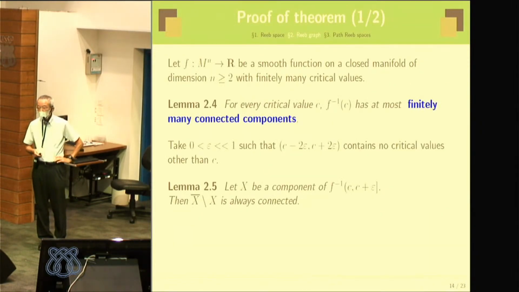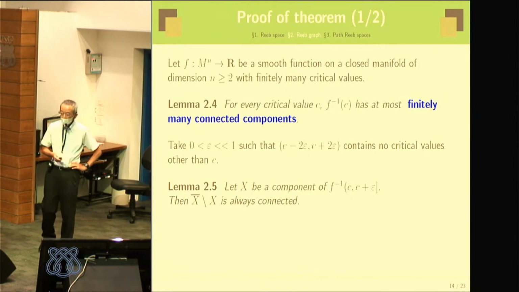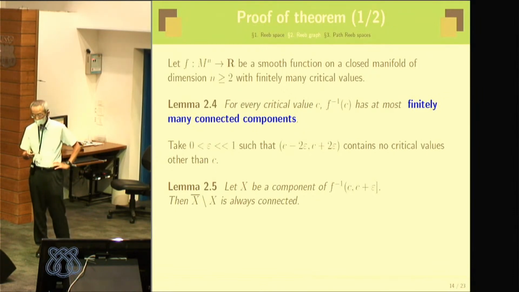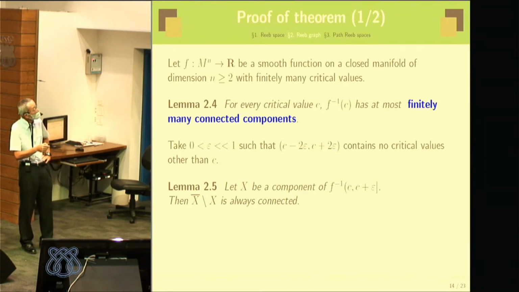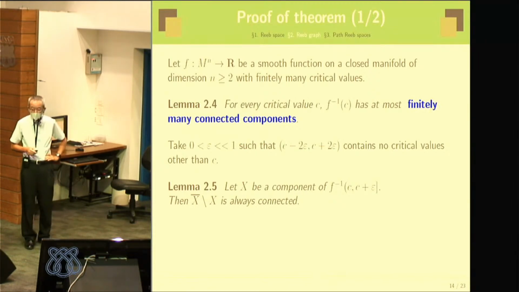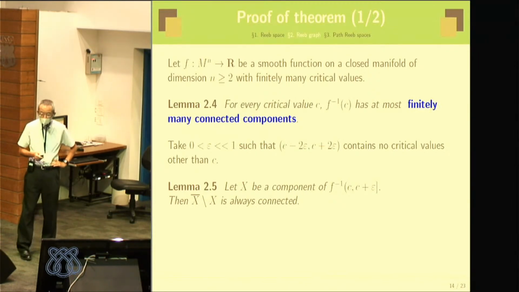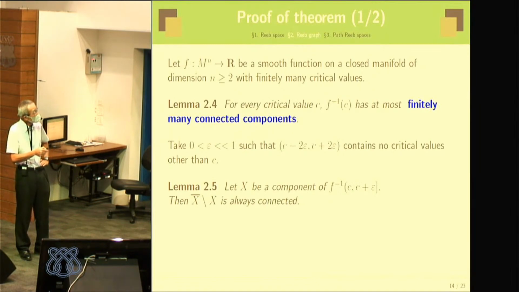Okay, so let me briefly explain how to prove our main theorem. Suppose you have a smooth function on a closed manifold of dimension greater than or equal to 2 with finitely many critical values. Then the first key lemma is Lemma 2.4.